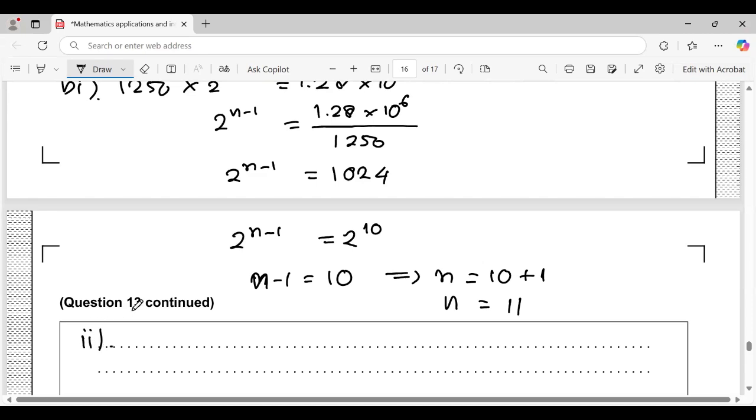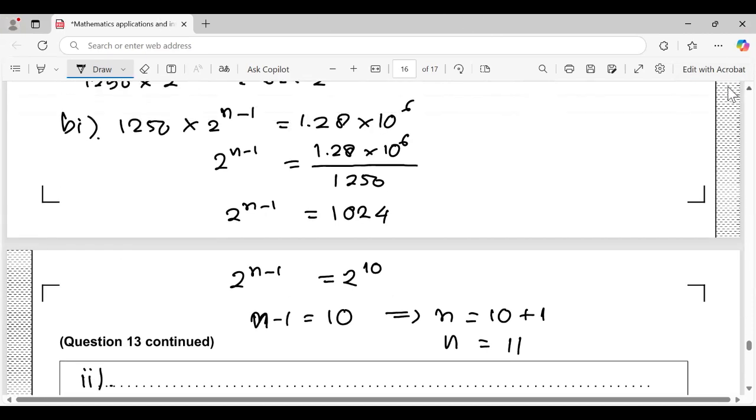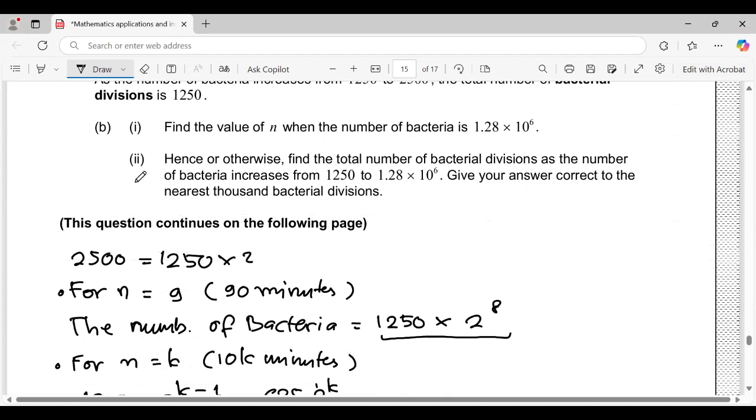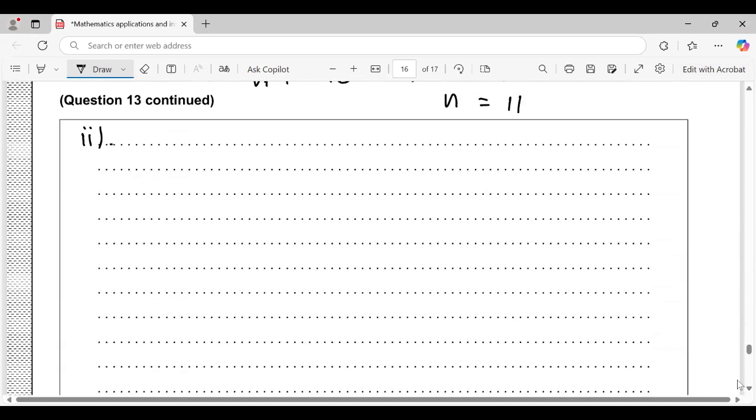Part 2. Hence, or otherwise, find the total number of bacteria as the number of bacteria increases from 1,250 to 1.28 times 10 to the power 6. Give your answer correct to the nearest 1,000 bacteria. So 1.28 times 10 to the power 6 minus 1,250.